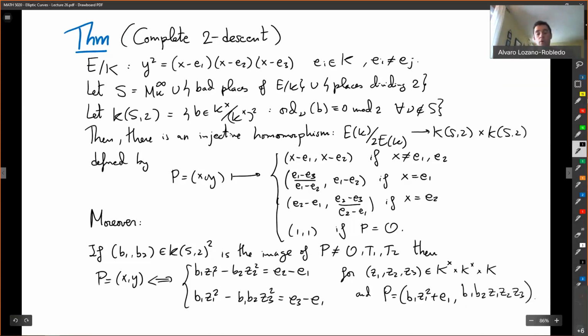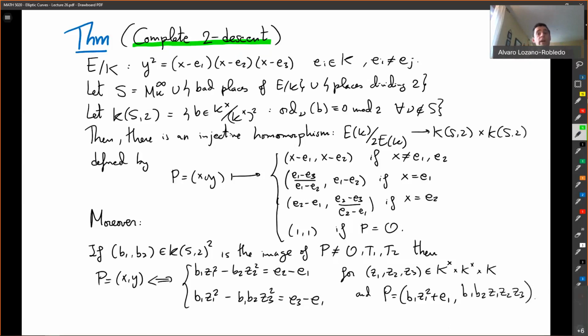Okay, so now you see that we have a very strong way of computing the Mordell group. We have a complete definition of how E mod 2 maps into K_S^2 cross K_S^2, and it also allows me to know what points in K_S^2 cross K_S^2 actually come from points on the elliptic curve, the weak Mordell group.